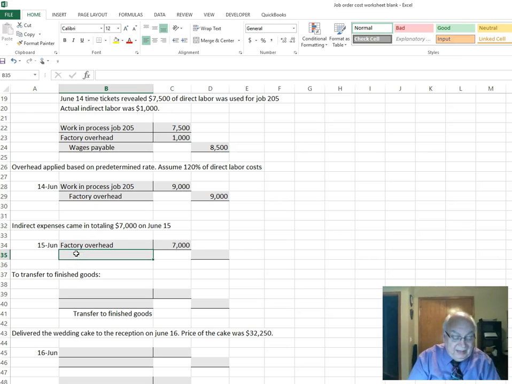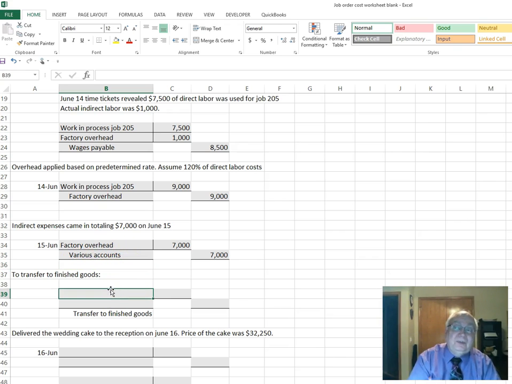And we credit, I always use various accounts. The reason why, because we don't know exactly what the credits will be. They may tell you what it is, but it could be things like cash, supplies, accumulated depreciation, wages payable that we used up above. It can be a lot of different things, and that's why I usually say various accounts.